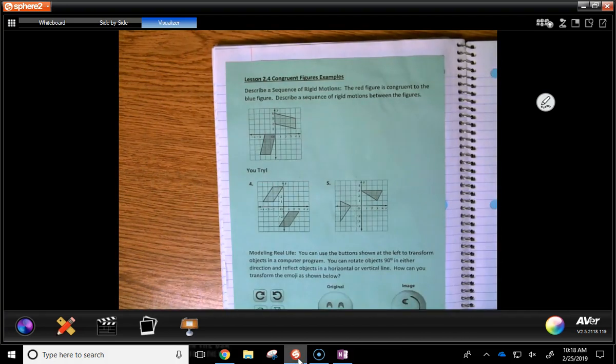Here are some tracing papers. I like that, Donovan, you were able to visually kind of look at your picture here. That's good. But you give one to Will.